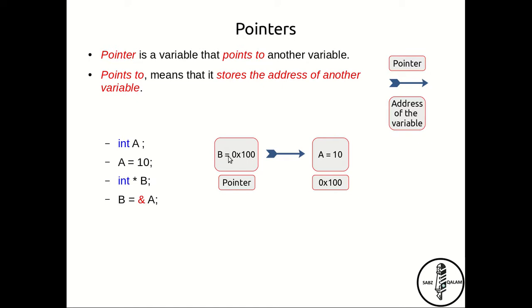It has been assigned 0x, which is a representation of hexadecimal. So this number 100 is not the decimal 100, it is actually the hexadecimal 100. The same address as a is now being stored into b, and because of that it becomes a pointer, and it is pointing to a because it holds within it the address.